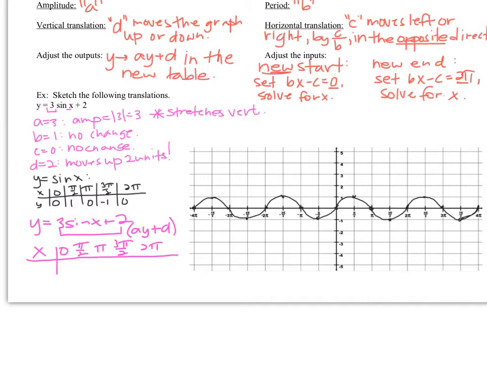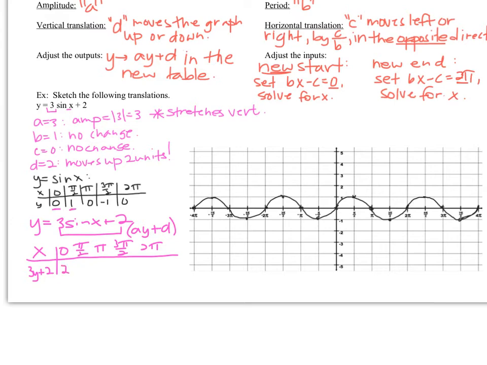For the outputs, we're going to take 3, which is the a value, times all of our original outputs. And then we're going to add 2 to those. Here's what it looks like. For the first output of 0, 3 times 0 is 0, plus 2 gives us a new output of 2.